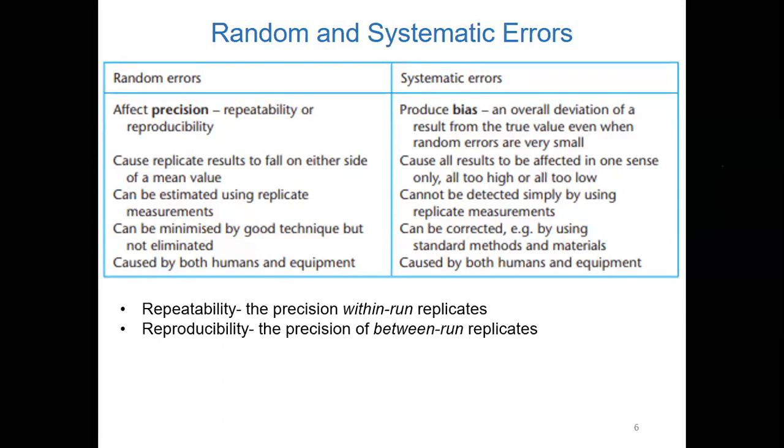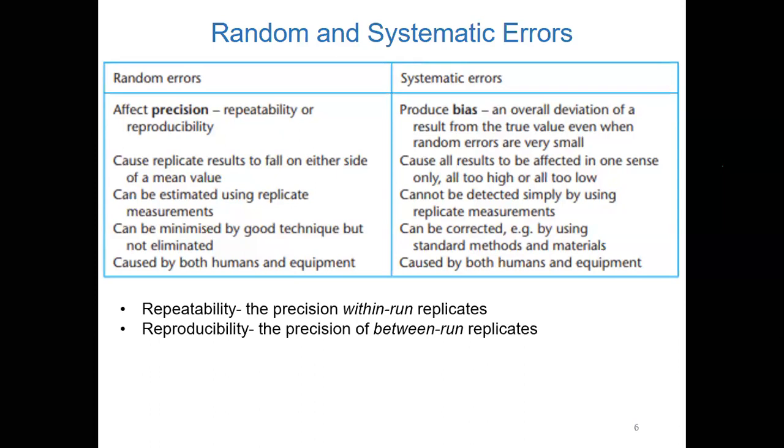When you get a result from this set of experiments, we call it a repeat. The measurements are repeatable, that means within similar conditions. When the same person conducts the experiment, you get a precision within run replicates. That is called repeatability.